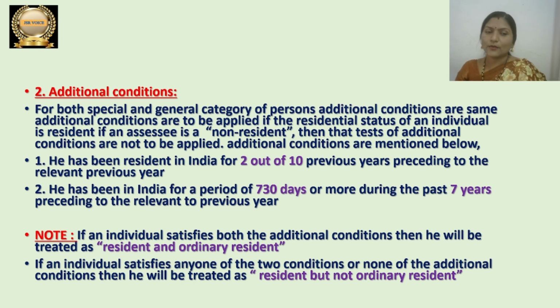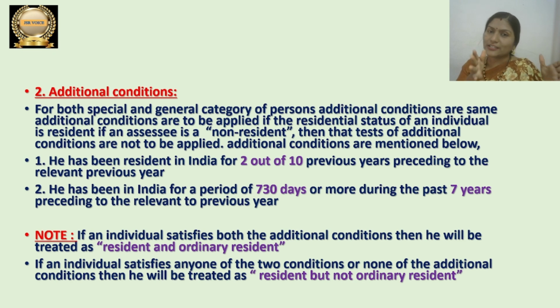And what is the second one? He has been in India for a period of 730 days or more during the past 7 years preceding the relevant previous year. So before the present previous year, during the 7 years period, he must be in India for how many days? 730 days.